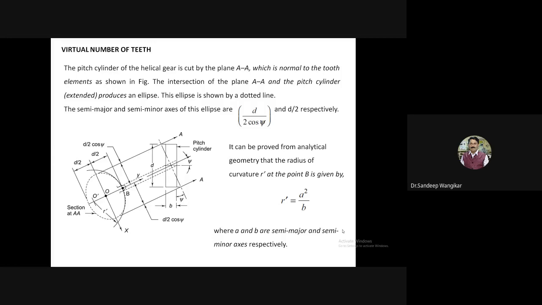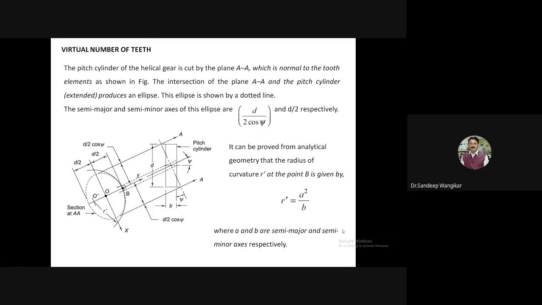Before proceeding, I will tell you that in this case, a spur gear is imagined in the helical gear. Where can it be imagined? Only when we take a section perpendicular to the tooth.